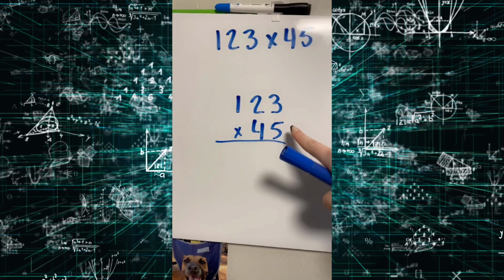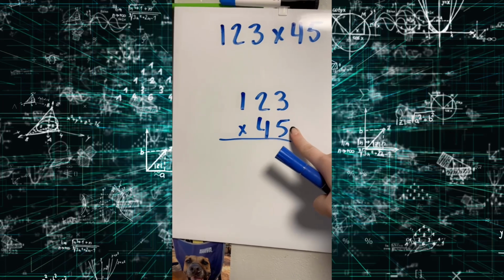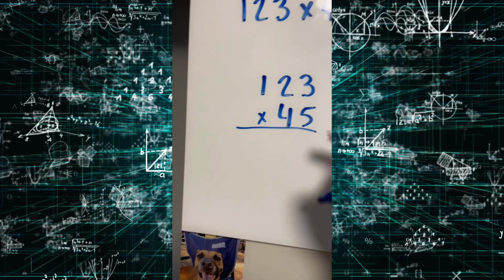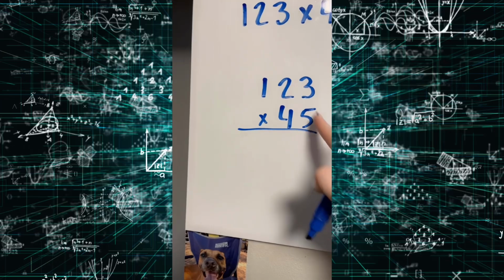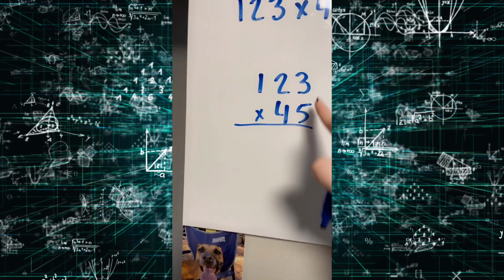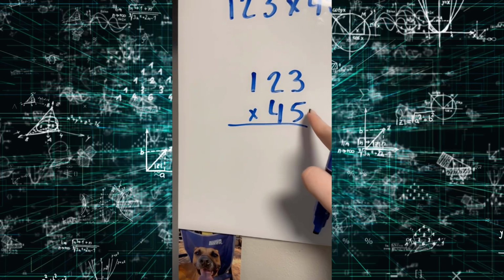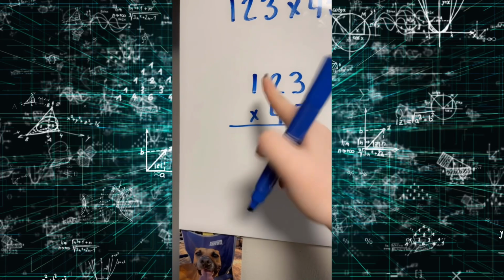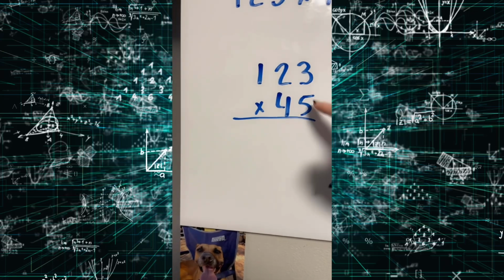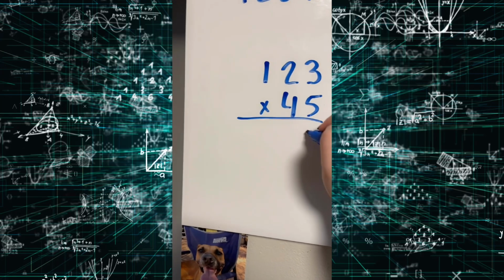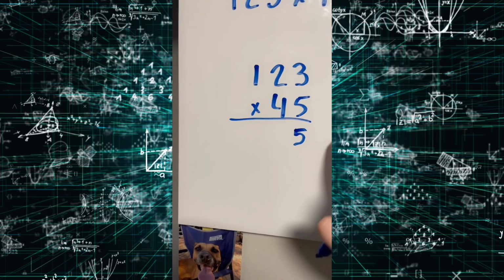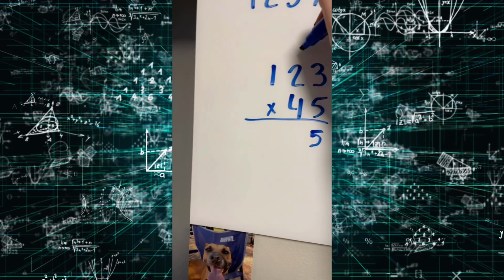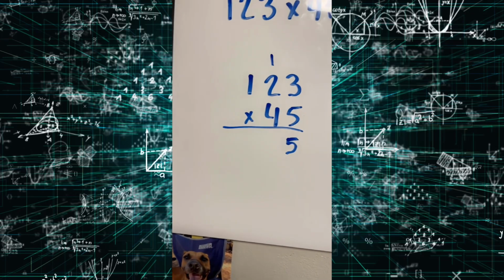Now I'm going to start with my 1 digit in the ones place. 5 times 3 is 15. So we're going to go through and do that for each of these numbers. We're going to do 5 times 3, 5 times 2, also known as 5 times 20, and 5 times 100, or also 5 times 1. So 5 times 3 is 15. I'm going to put that 5 here, but because that 15 has a 10 in the tens place, I'm going to put a 1 up here to save it for later.